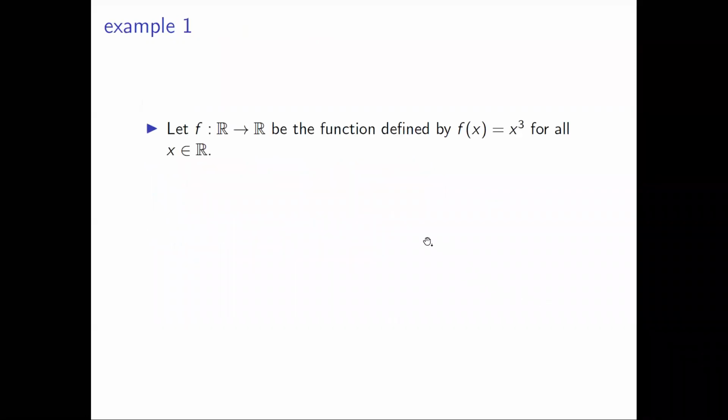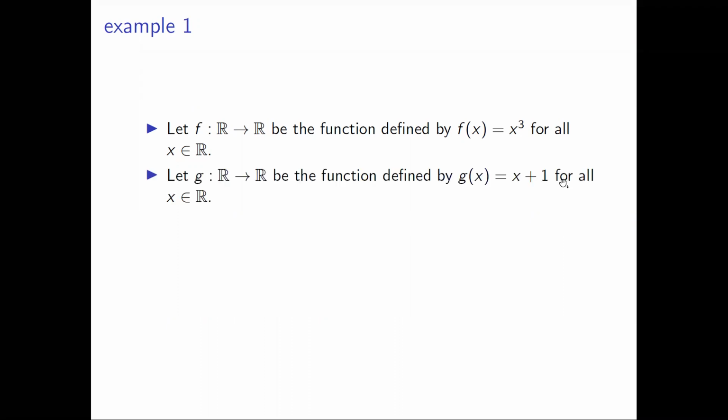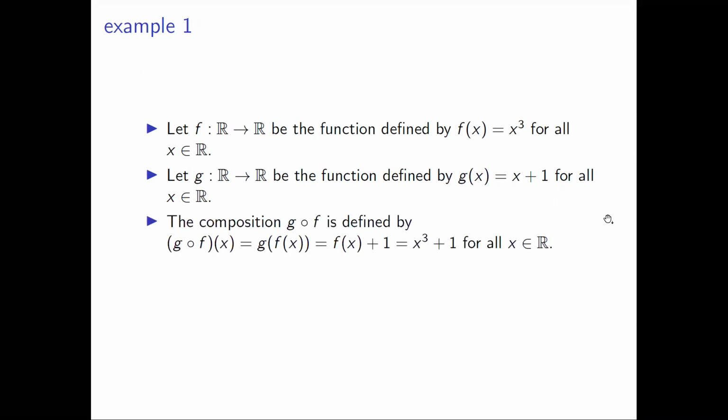So first example, let's say that our function f goes from the reals to the reals, and it's defined by f of x equals x cubed. And we'll also consider a function g, also from the reals to the reals, defined by g of x equals x plus 1. We can compose these functions. We can do the composition g of f.